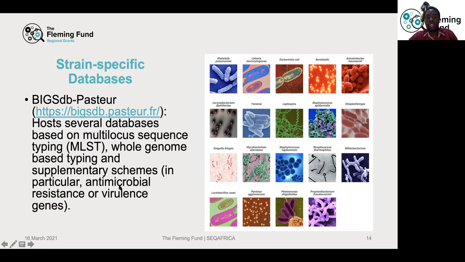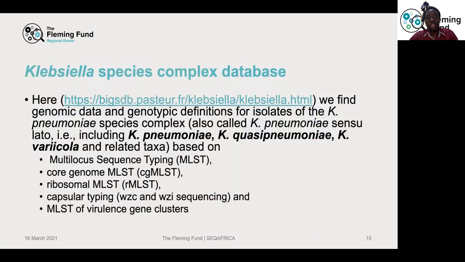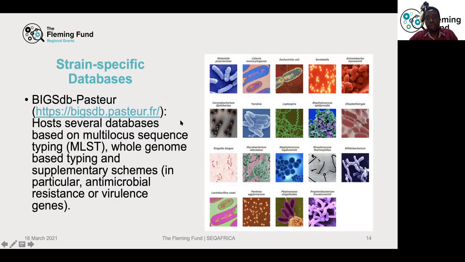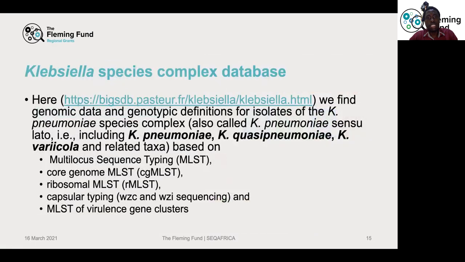Just as I mentioned, you have information on antimicrobial resistance and virulence. So I'm focusing more on the Klebsiella pneumoniae database, the Klebsiella species complex database, which is a database for Klebsiella pneumoniae, Klebsiella quasipneumoniae, and Klebsiella variicola.